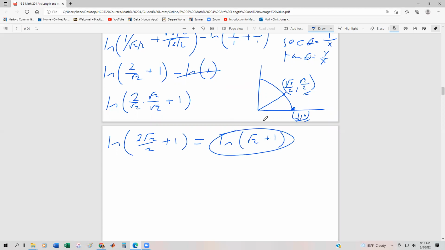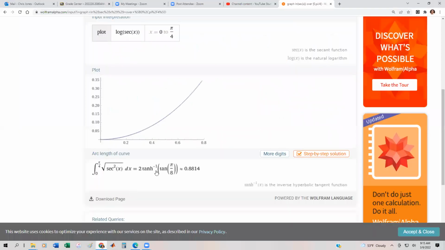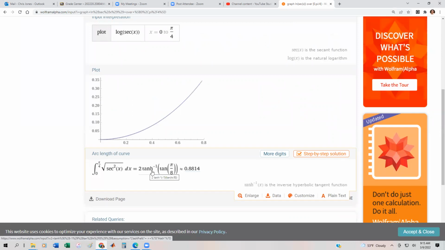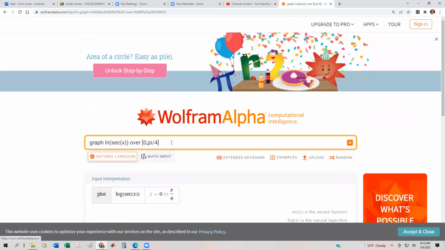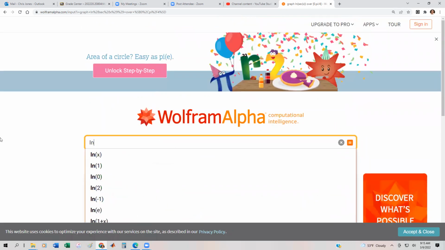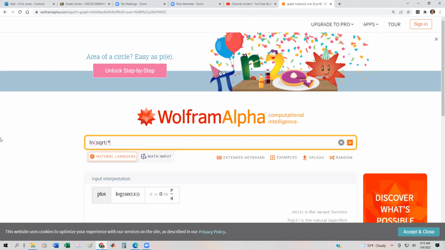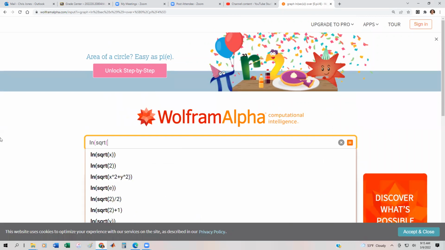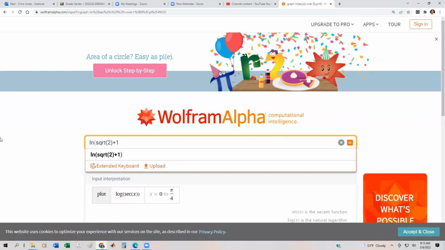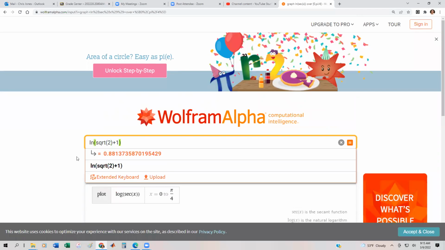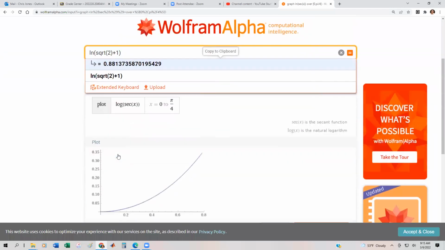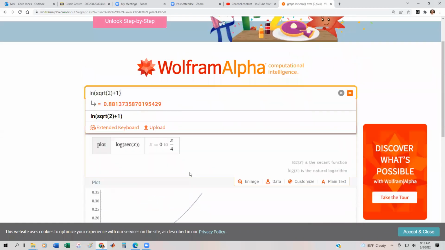Now remember that when we looked at Wolfram Alpha's answer, it had 2 inverse hyperbolic tangent, tangent of pi eighths, or 0.8814. So let's see what happens if I plug in the natural log of the square root of 2 plus 1. 0.8814, and down here, 0.8814.